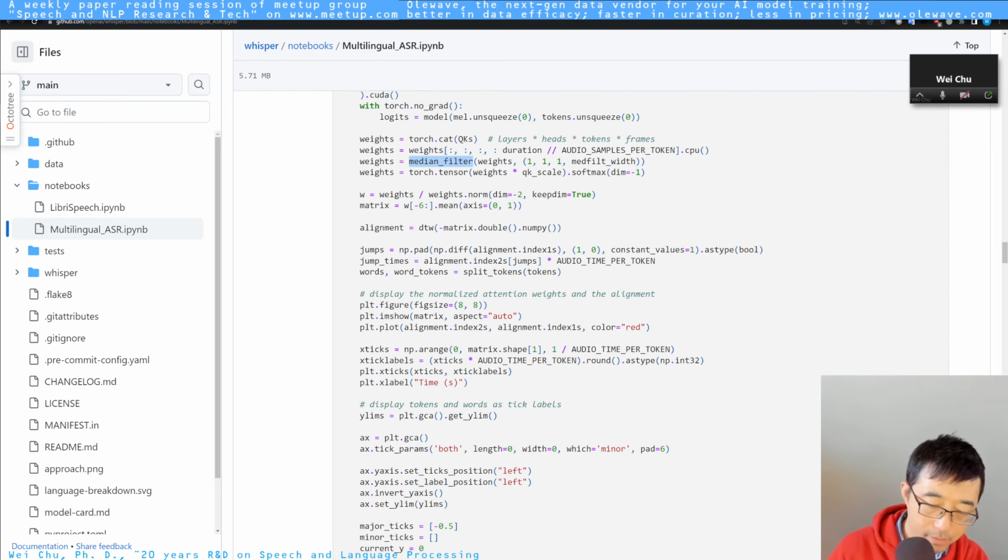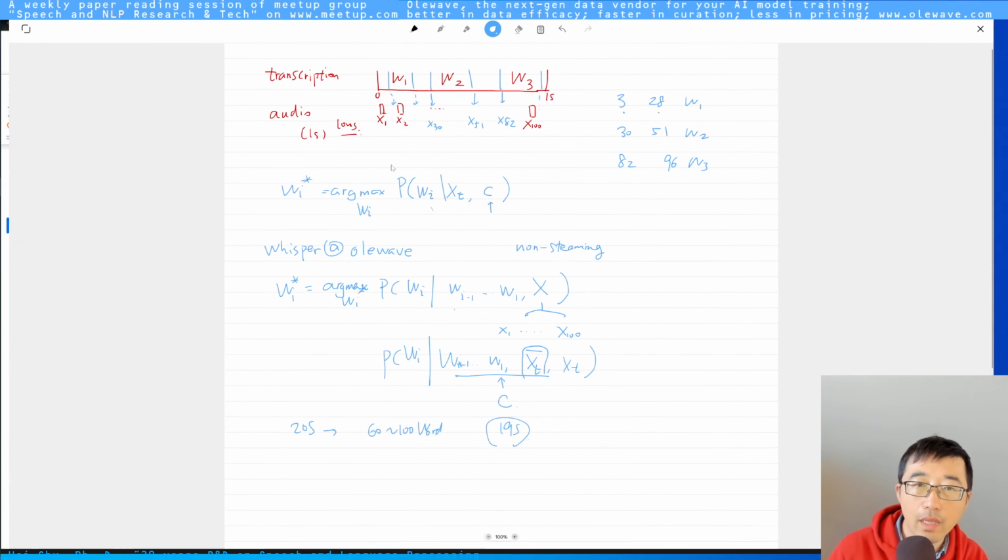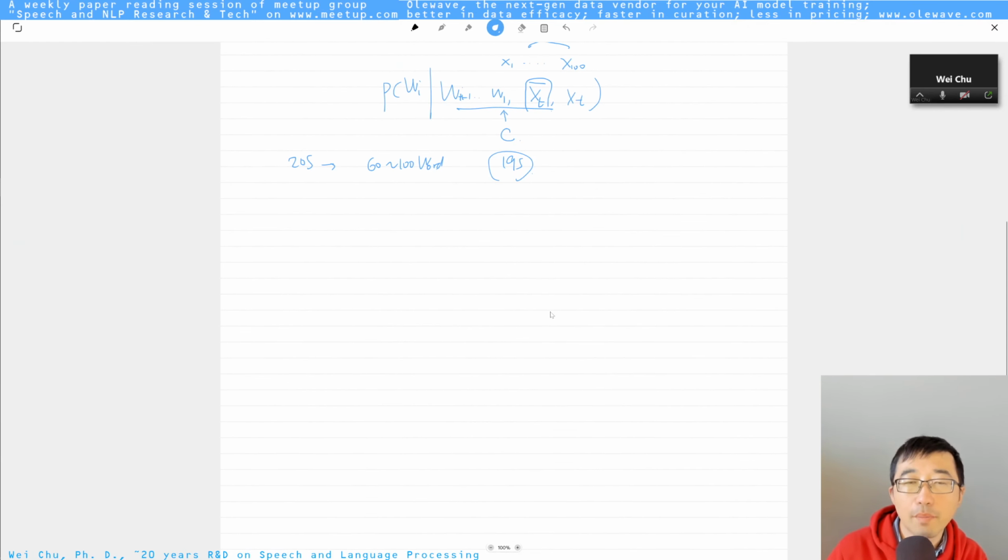So the issue of the attention weight is, in my personal opinion, even worse than using this equation. Using attention weight, the issue is what? Let's say I give you an example, San Francisco.